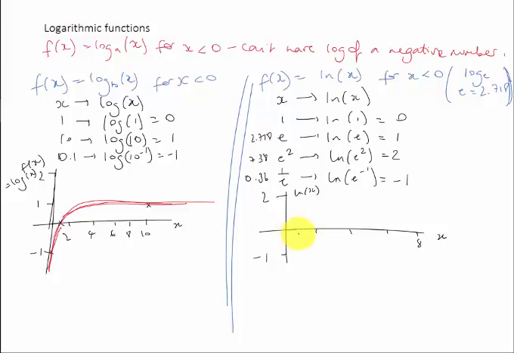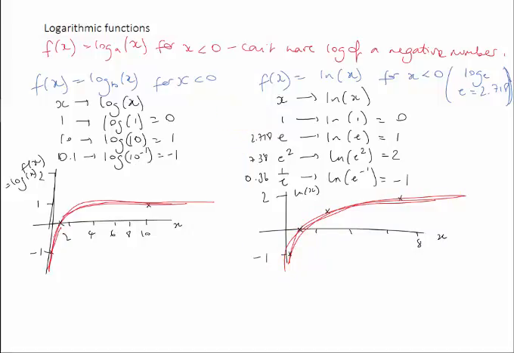So 1 gives us 0 again. 2.718 is about here, and that gives us 1, which is about here. 7.38 is all the way over here, and that gives us 2. And then 0.36 is about here, and that gives us minus 1. Which gives us a function something like that. Again, you can look at more beautiful pictures of them elsewhere.